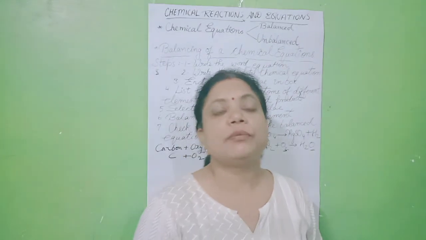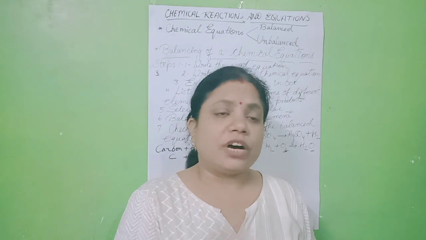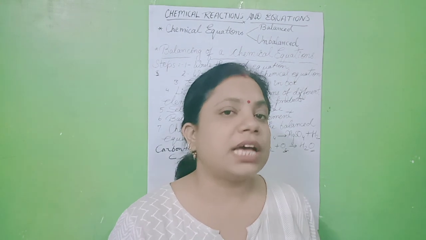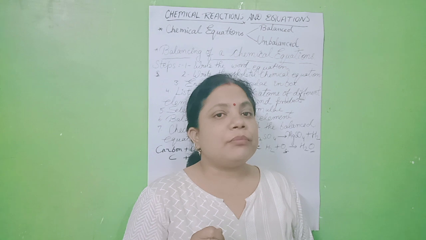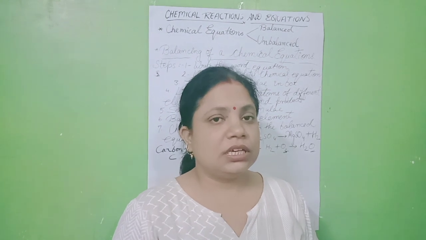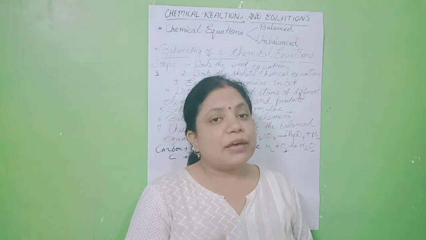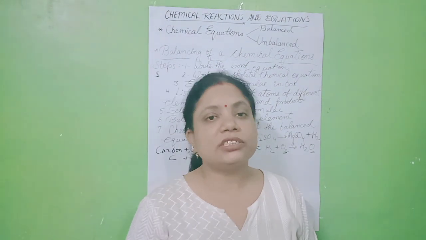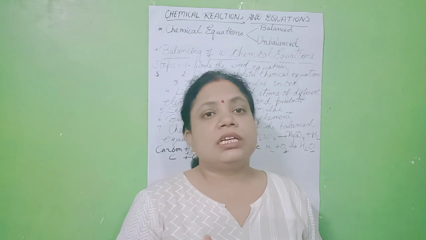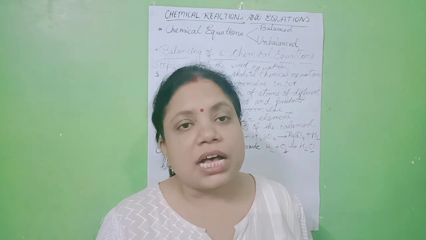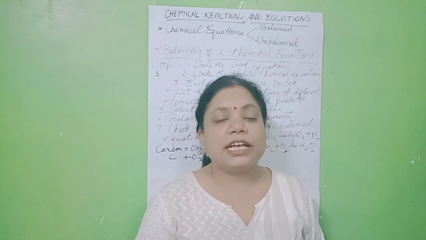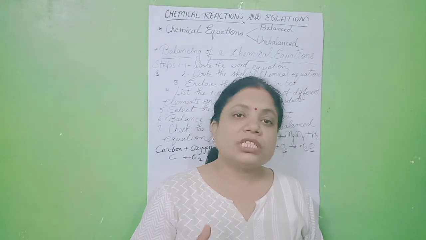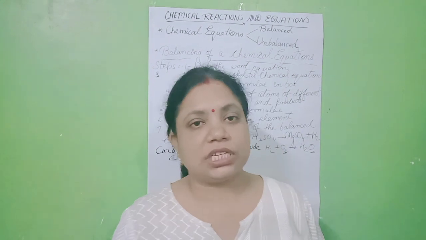Let's see one example. Students, just note down fast. The question is: write a chemical equation for the given chemical reaction when steam is passed over heated iron and forms magnetic iron oxide and hydrogen.